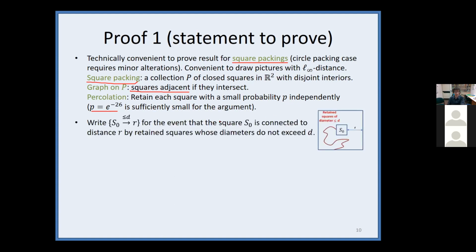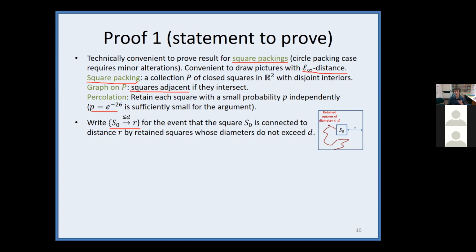Okay, so I will work with the L infinity distance, it's convenient. This event will come up in the proof a lot. This is the event that you start from a square having diameter at most d, and you have an open path from it using only squares with diameter at most d.